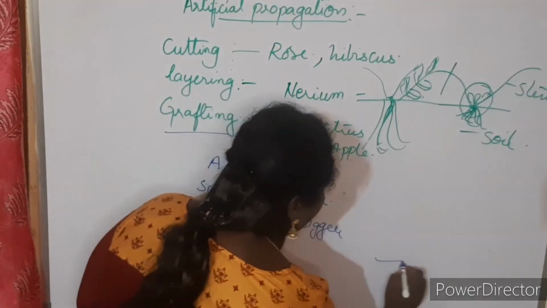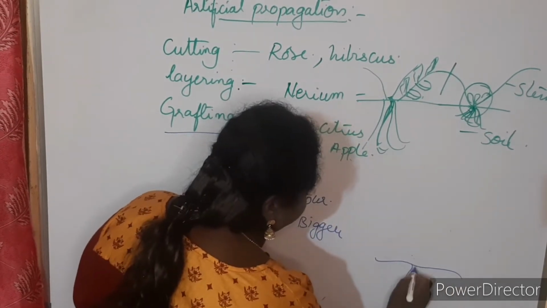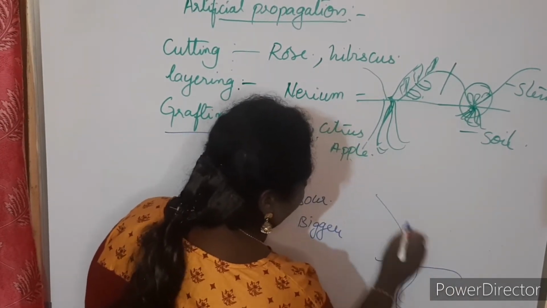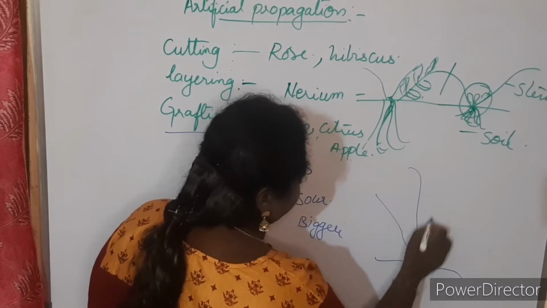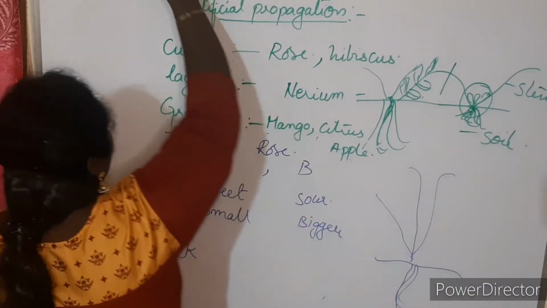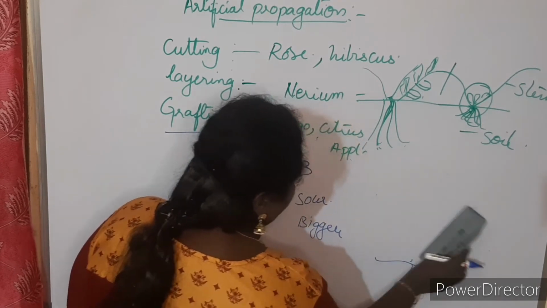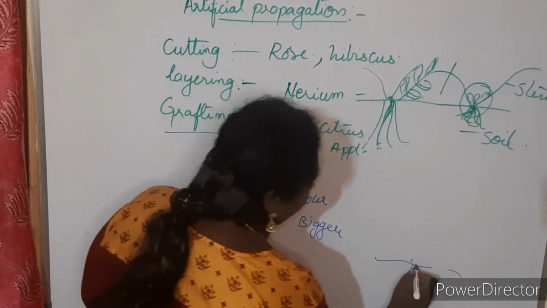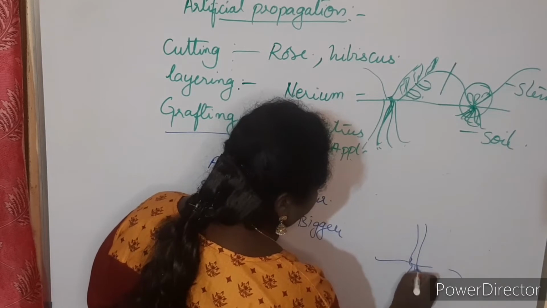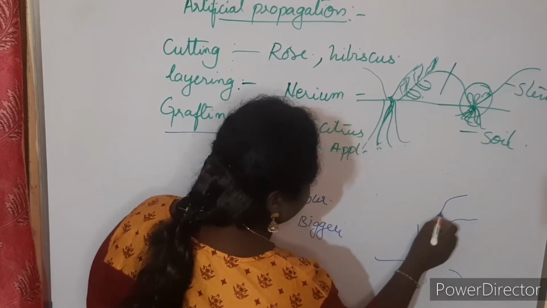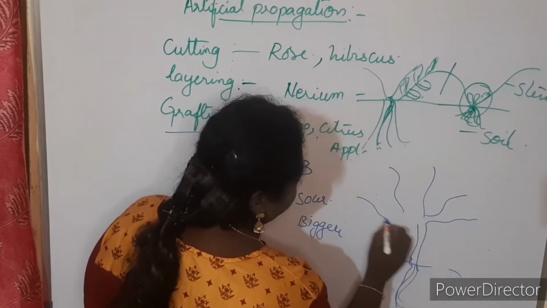So if we see the diagram first, simply. This is a plant. We'll see the trunk must be there for any type of fruit plant. It has a big trunk, no? So the trunk part is there. These are the branches, you think.